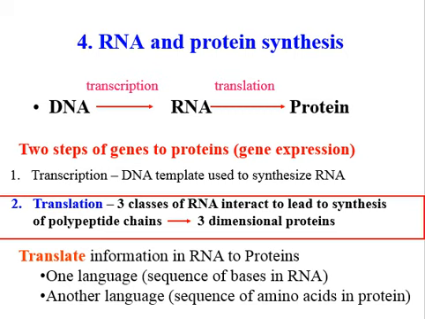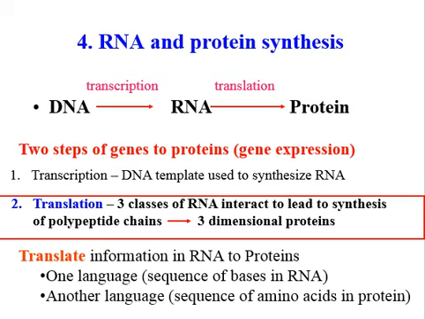Now, the next step, as I said, is to use all 3 of these different RNAs, especially the message that's in messenger RNA, at the site of the ribosomes and make a protein. So that's what the next lecture is going to be on, is that whole process of translation.